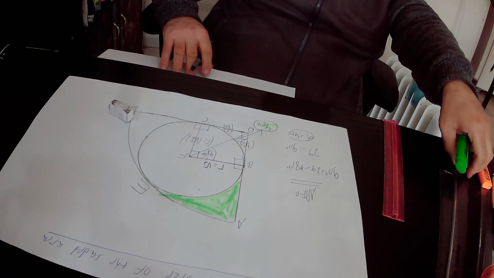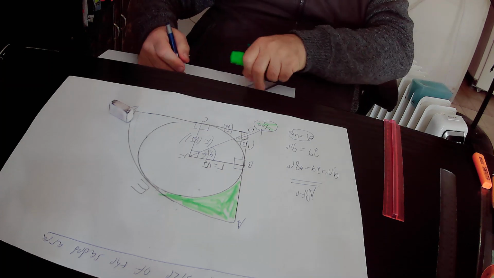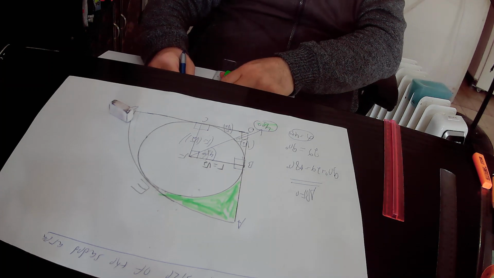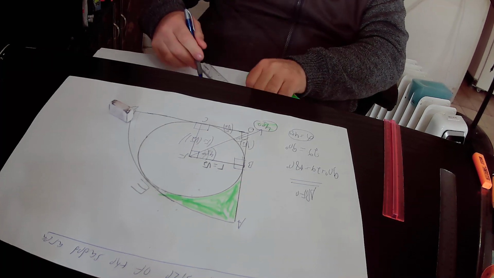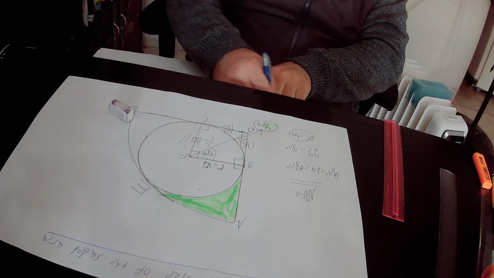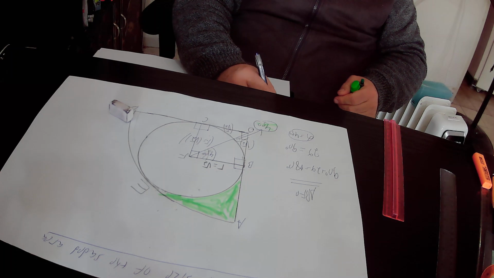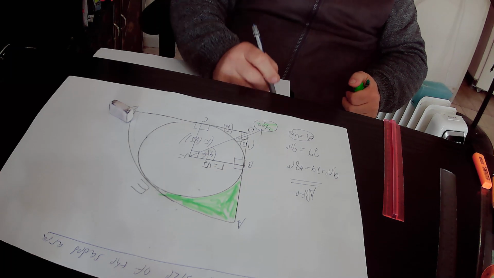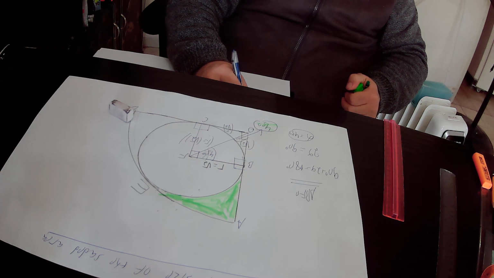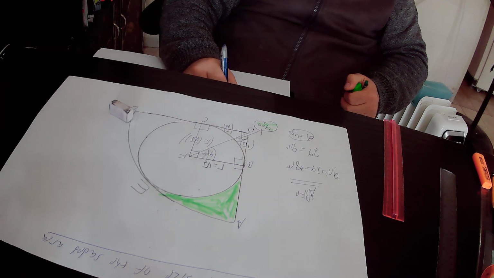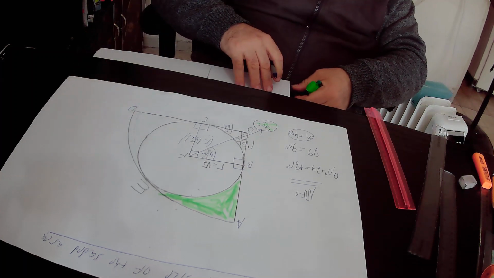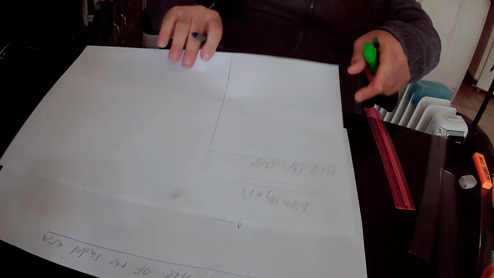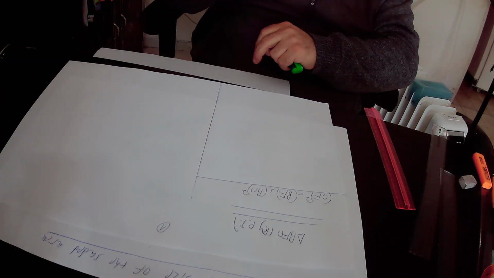The hypotenuse of the right triangle BFO is OF, therefore the square of the hypotenuse is OF squared, and it must be equal to BF square plus BO square. Repeat again, in the right triangle BFO, according to the Pythagoras theorem, OF square equals BF square plus BO square.